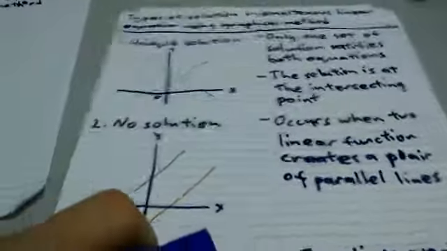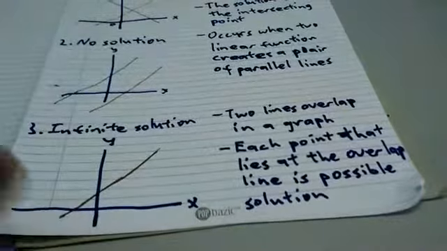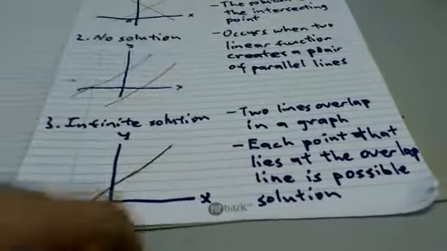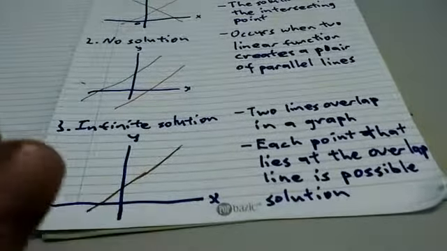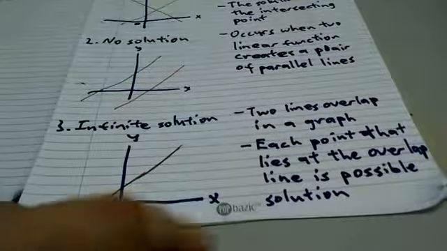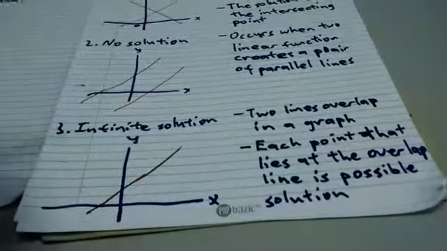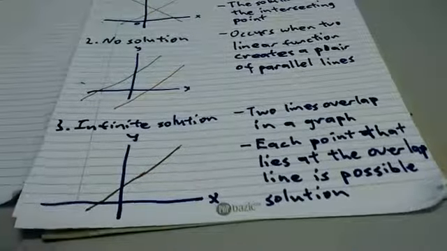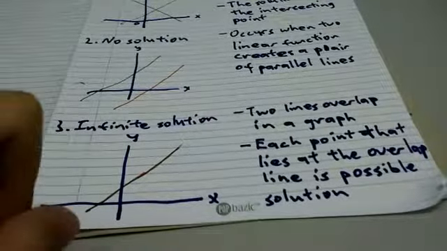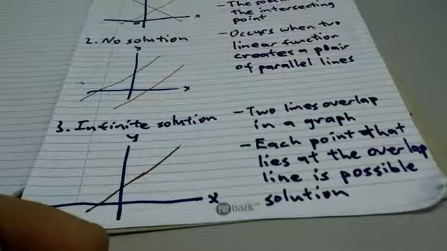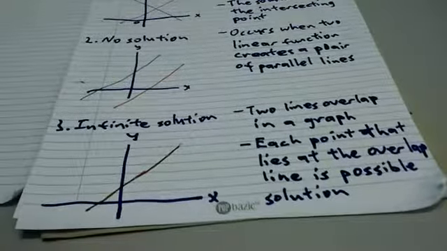Now let's go on to the third part, infinite solution. An infinite solution happens when we have two linear equations that are exactly equal to each other, which means that when we plot the graph, we will get the same straight line.